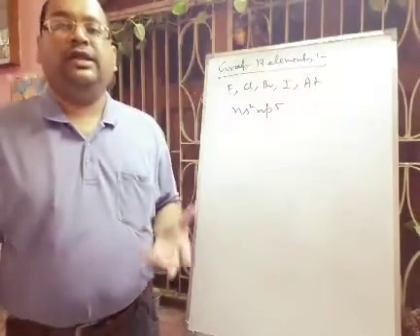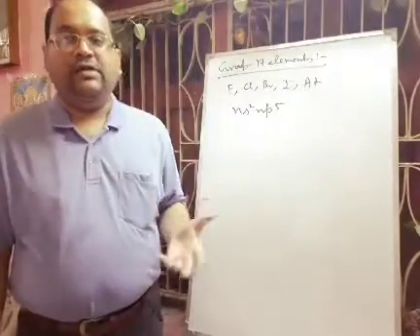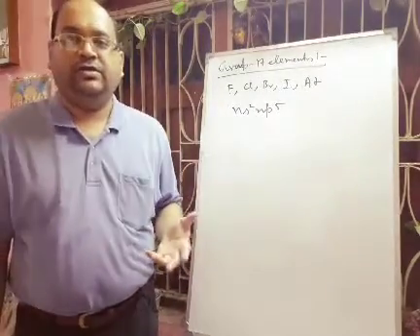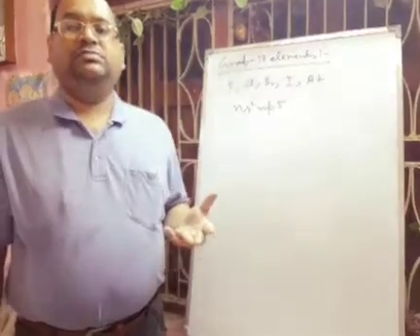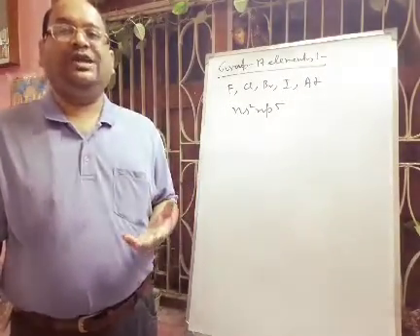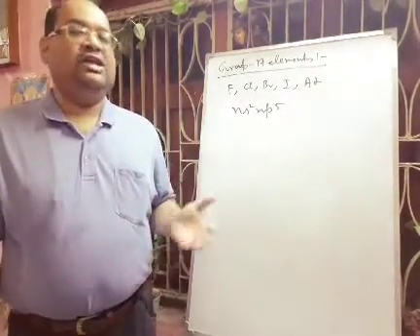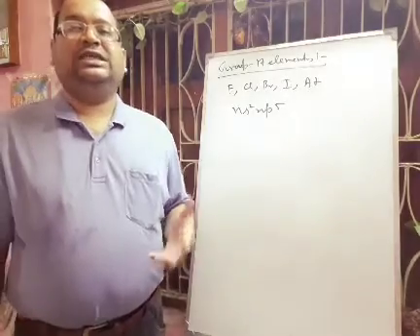Halogens have 1 electron less than the noble gas configuration, so the halogens tend to acquire the noble gas configuration by gaining 1 electron. We can tell that fluorine has minus 1 oxidation state in HF, and chlorine has minus 1 oxidation state in HCl.